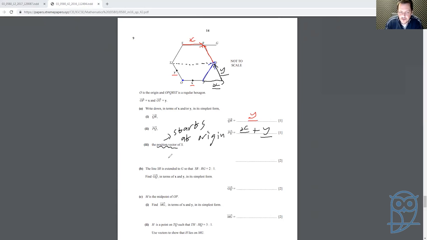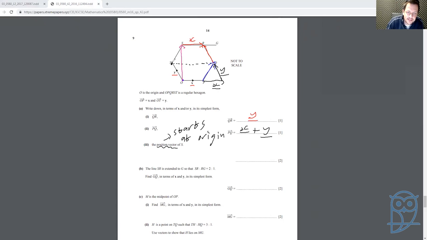So position vector of S means I have to start at O, get to S. So this is a very similar scenario. I can get to y. I've got my y there. O to T, that's not a problem. But now, how am I going to actually get my vector? So I want the vector OS.